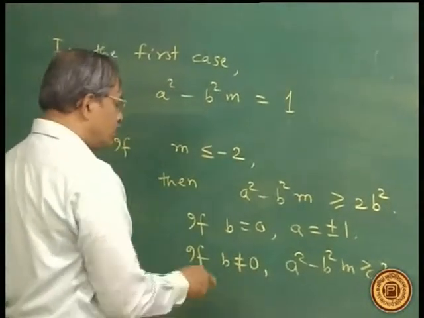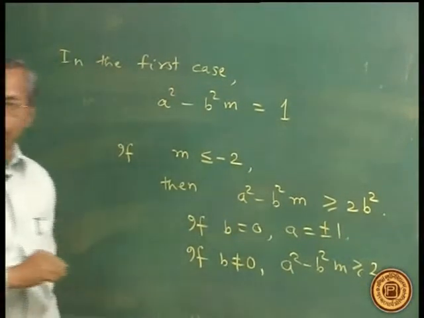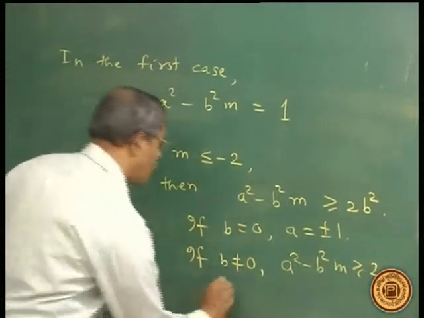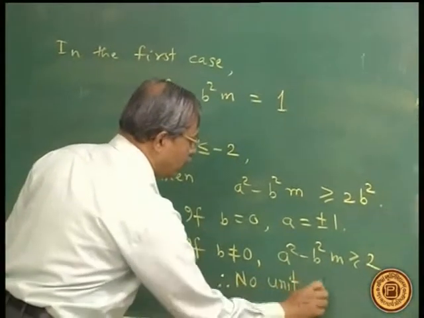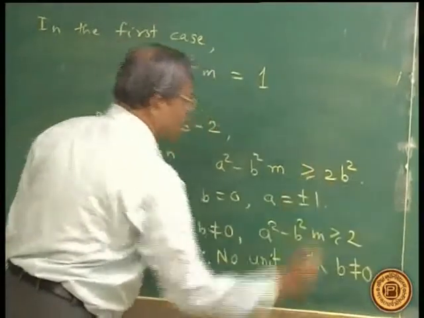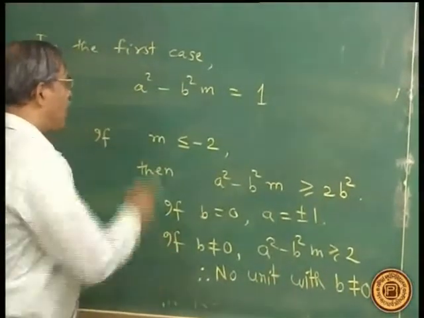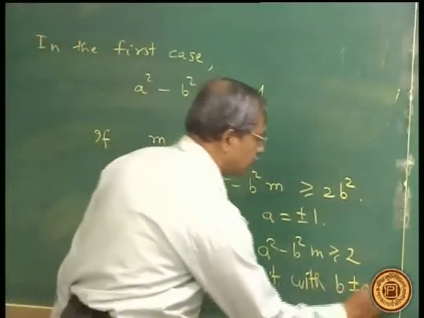So there is no unit with b not equal to 0 of this type.